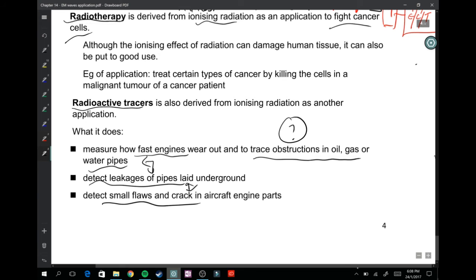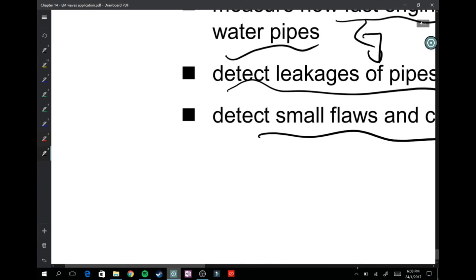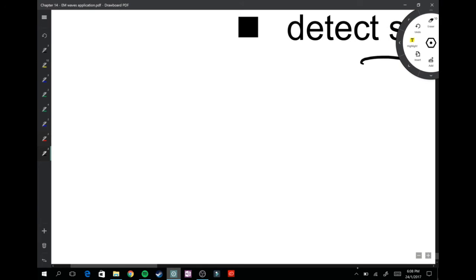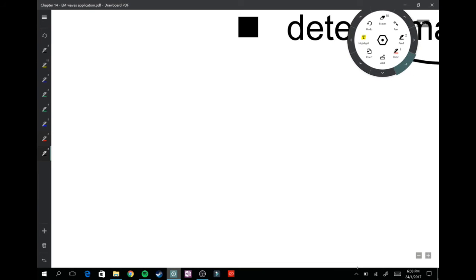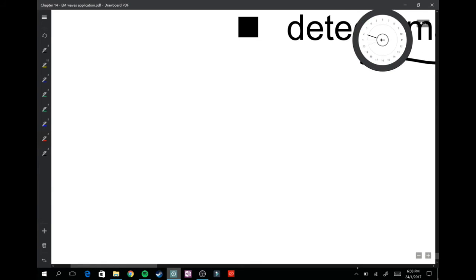Let me zoom in more so it is bigger. Now, what it does is, suppose you have gamma ray.